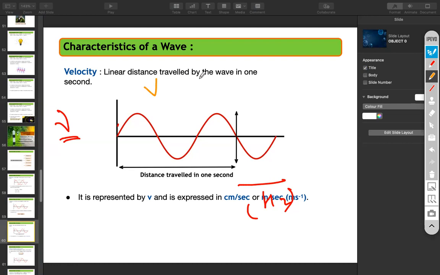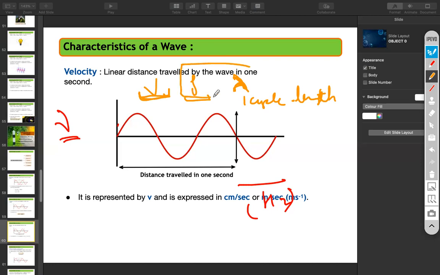Linear distance traveled in 1 second. Frequency is number of cycles per second. Lambda is the length of 1 cycle. Now frequency is number of cycles per second, and velocity is per second how much distance.